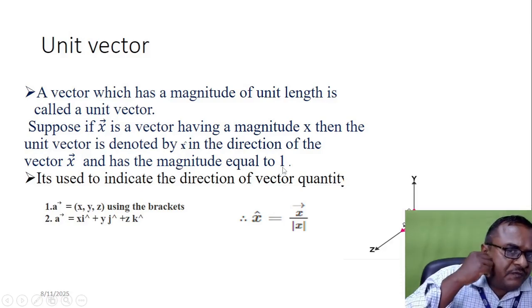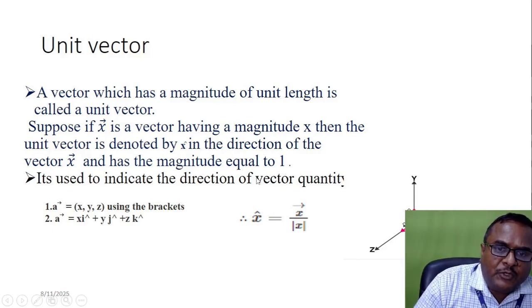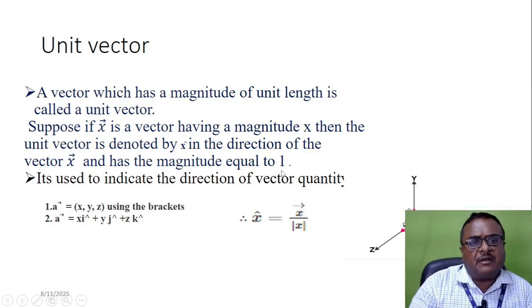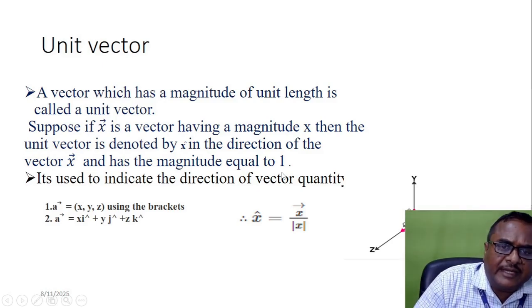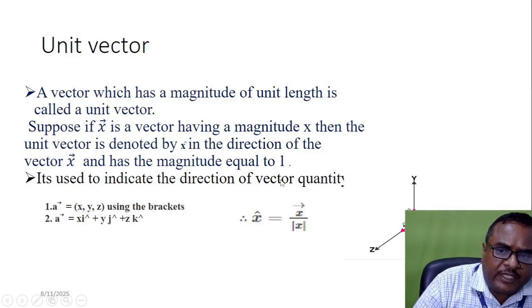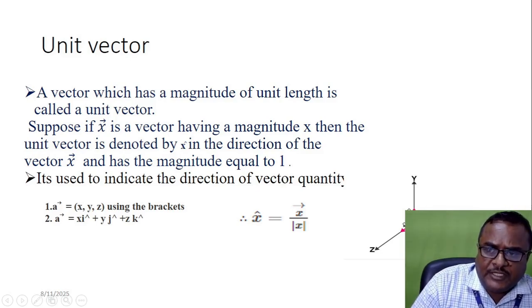So for a unit vector, the magnitude is equal to 1. Generally, a unit vector is useful to indicate the direction of the vector quantity.